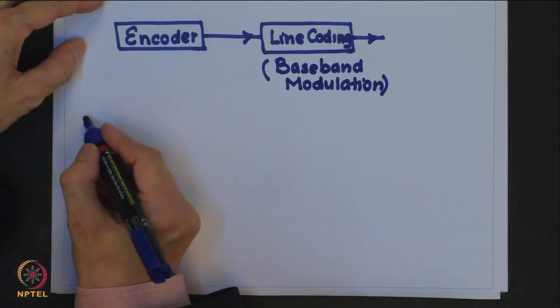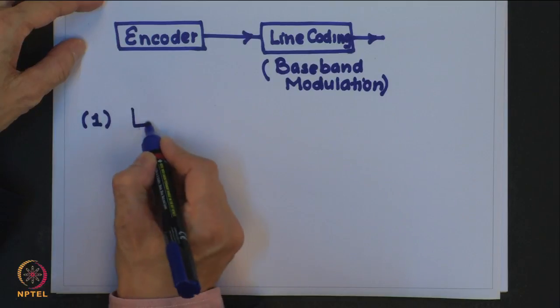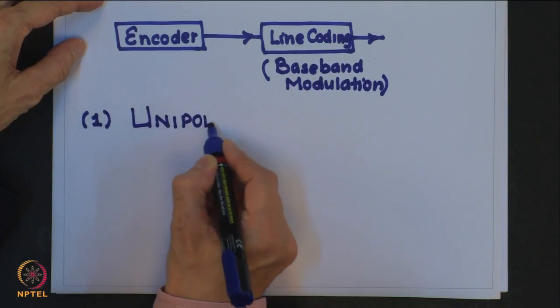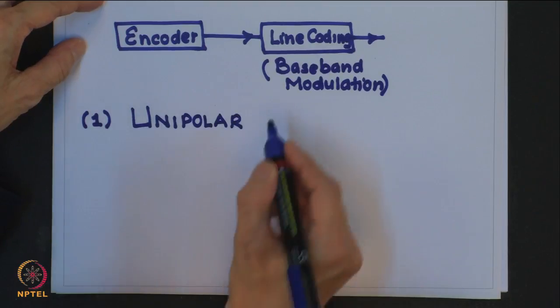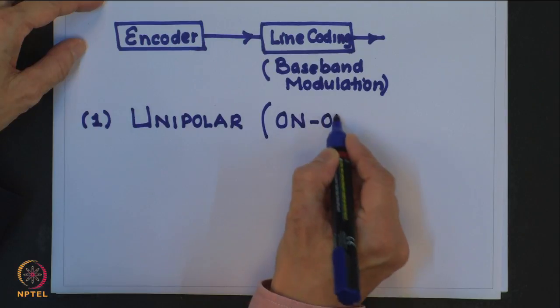We will start with the simplest line code, and that is unipolar, and it is also known as on-off signaling.